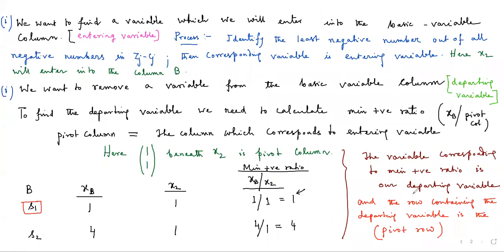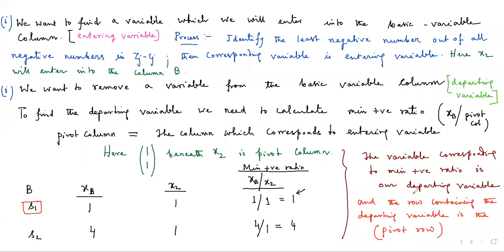We know that the simplex table 1 didn't contain the optimal solution. We know which one is going to be the entering variable in simplex table 2, and which one is going to be the departing variable from simplex table 1.